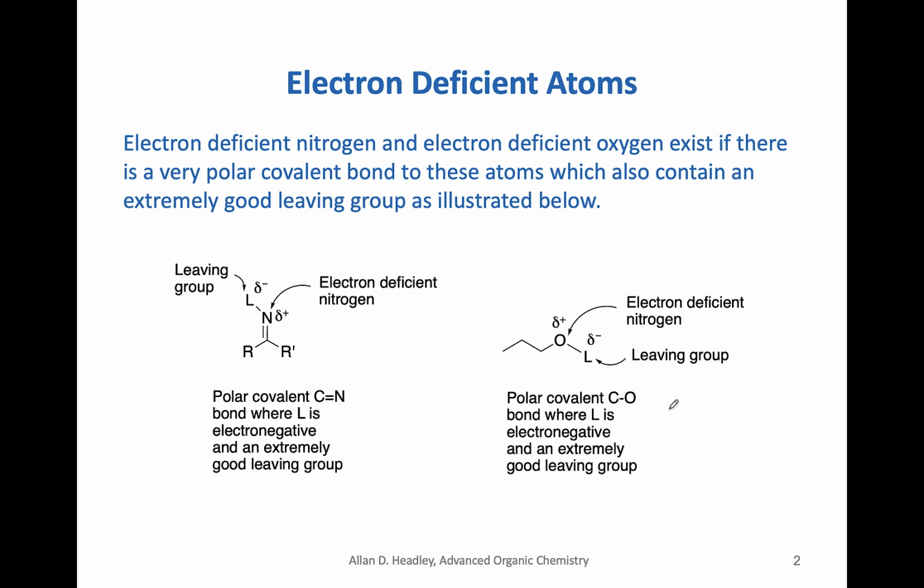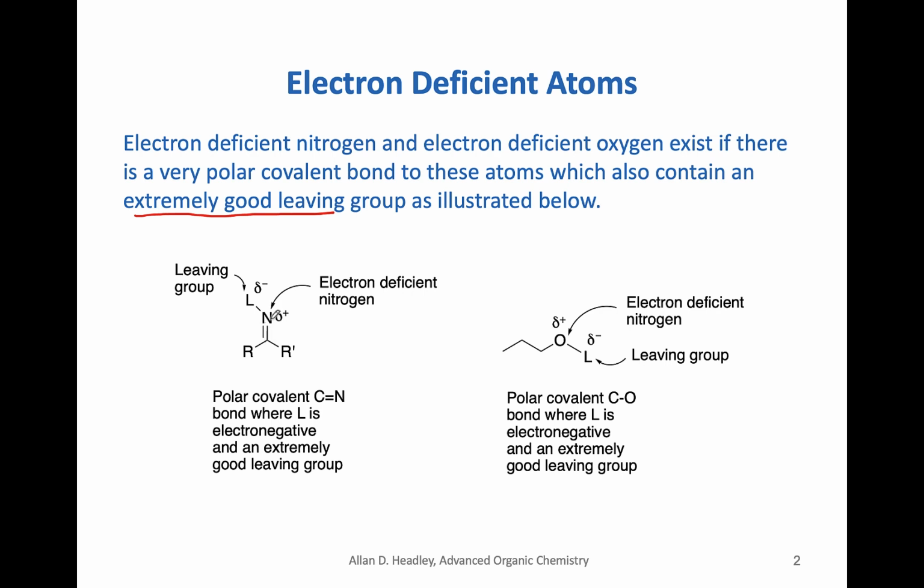Okay, let's begin. Electron deficient nitrogen and oxygen, as mentioned here, exist if there is a very polar bond to these atoms. And equally important, it has to be bonded to an extremely good leaving group. So let's look at this general representation. Here's my nitrogen.